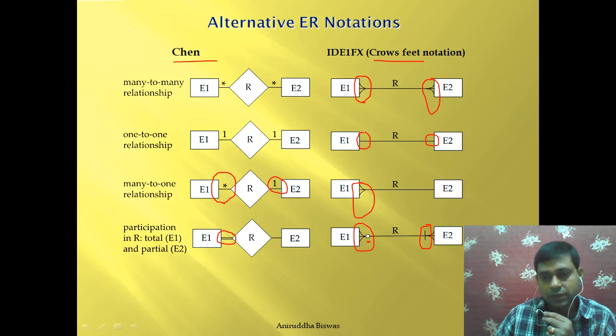So left side is total participation and right side is that total participation is barred. That means that is very normal type of participation, that means partial participation we can say. So this type is partial participation and this side is total participation. Like here double line means total and single line means partial participation. That's all.